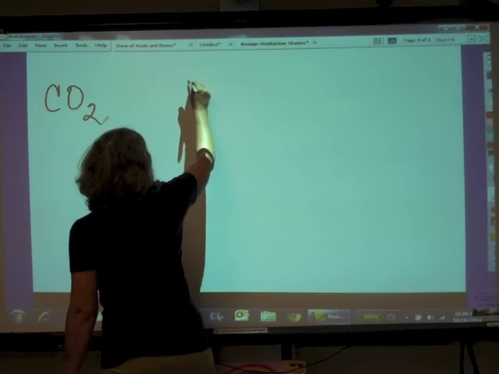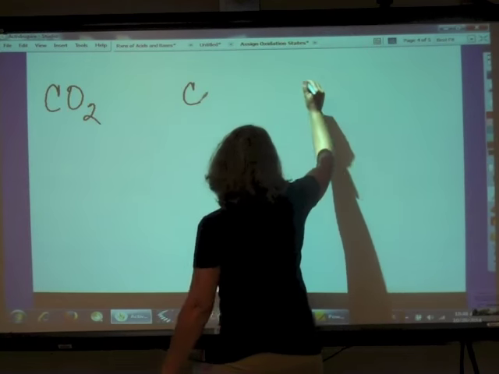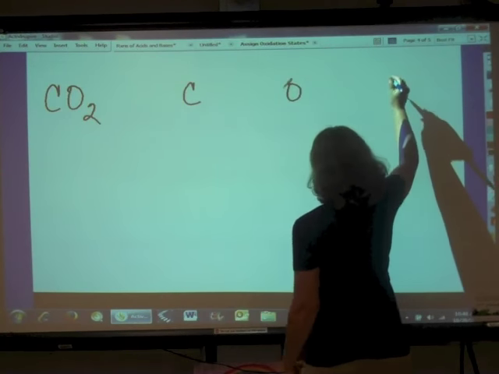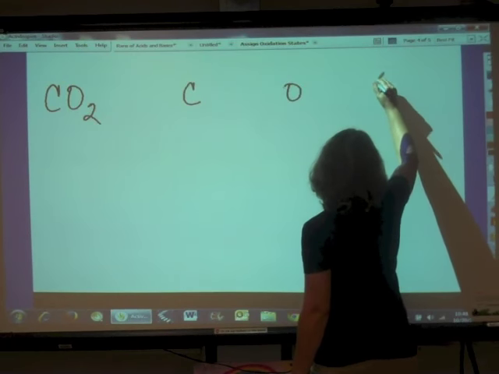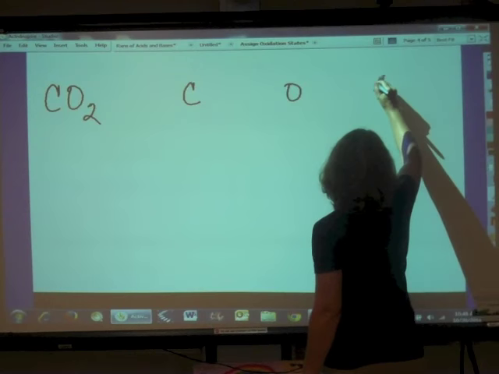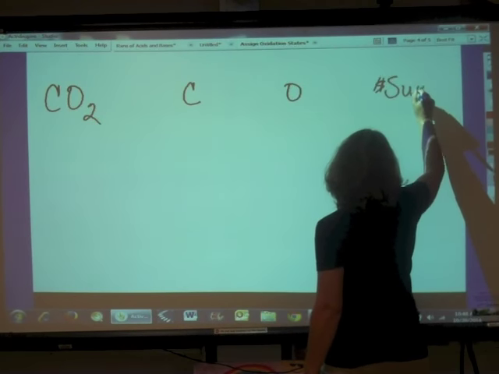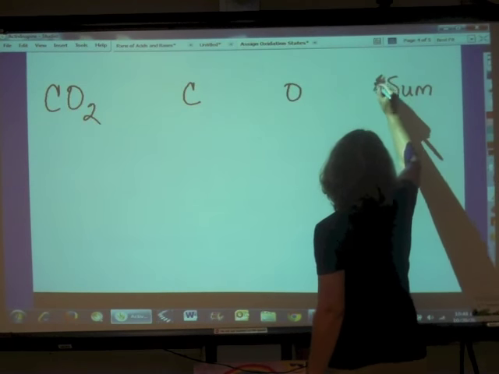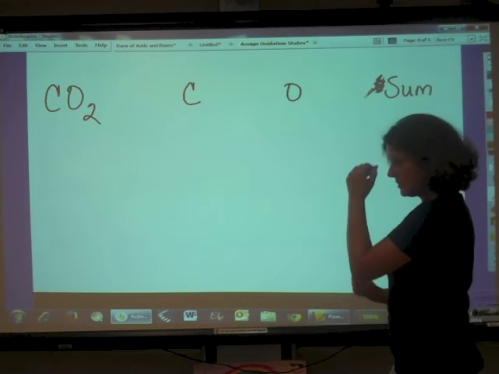Okay, so I've got carbon, I've got oxygen, and I'm just going to put this over here. This is the sum. This is not dollars, okay? And you'll see what this means in a moment.